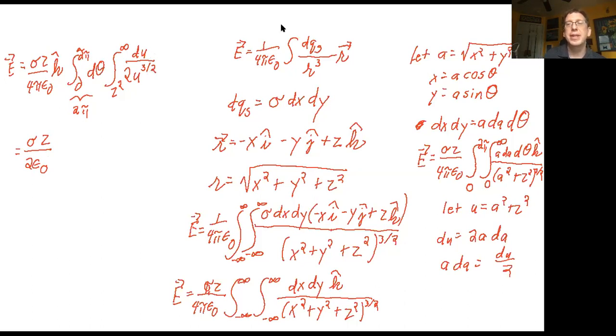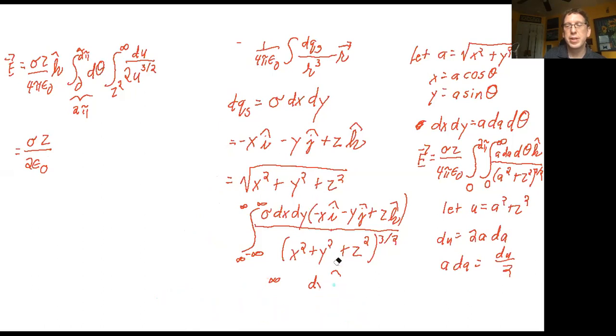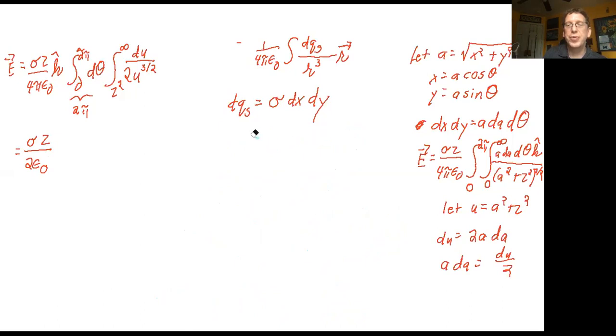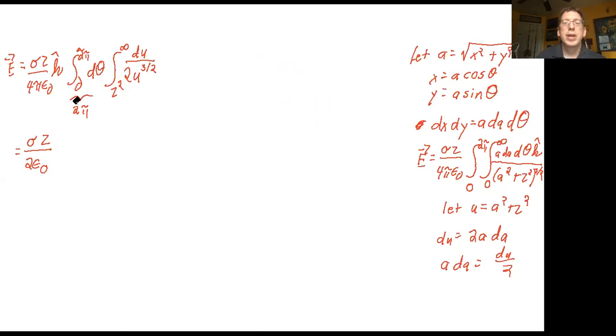Let's erase this side so we can show how that integral works. So you're integrating du over u to the 3 halves.